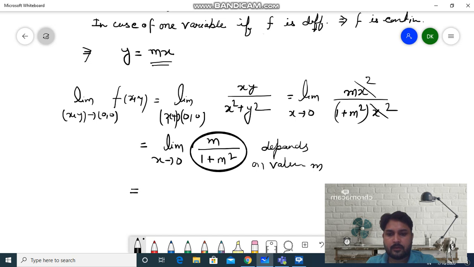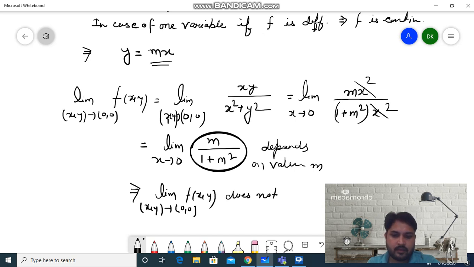So this implies that the limit of f(x, y) as (x, y) tends to (0, 0) does not exist, and this implies f(x, y) is not continuous at the origin.